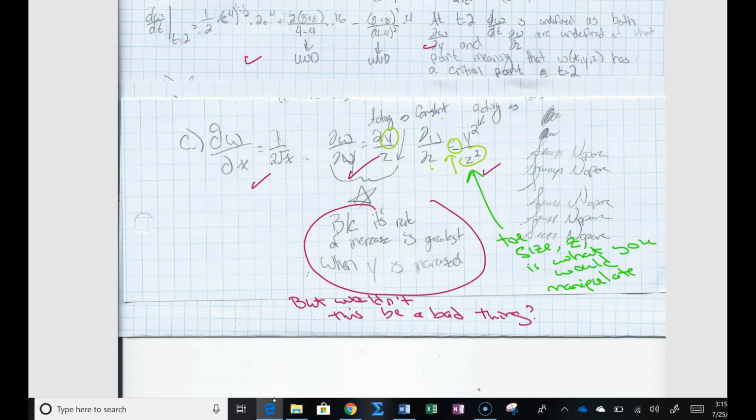I think perhaps what you may have been thinking about is the fact that because dW by dy is most positive here, if I could manipulate y, then that would have the greatest impact on the rate of change, right? And I can see your logic there.